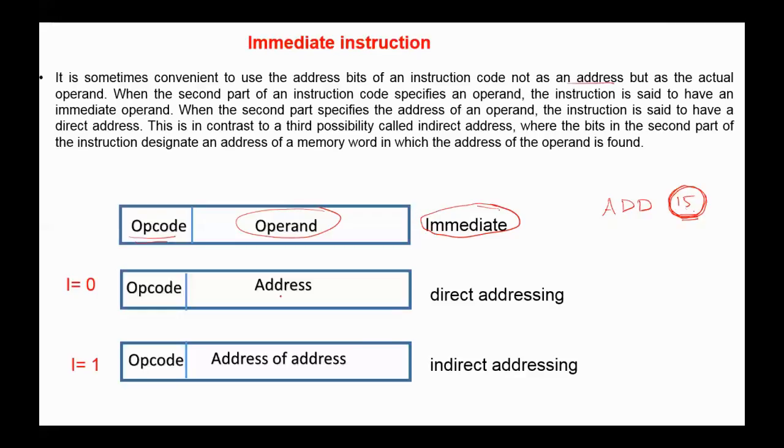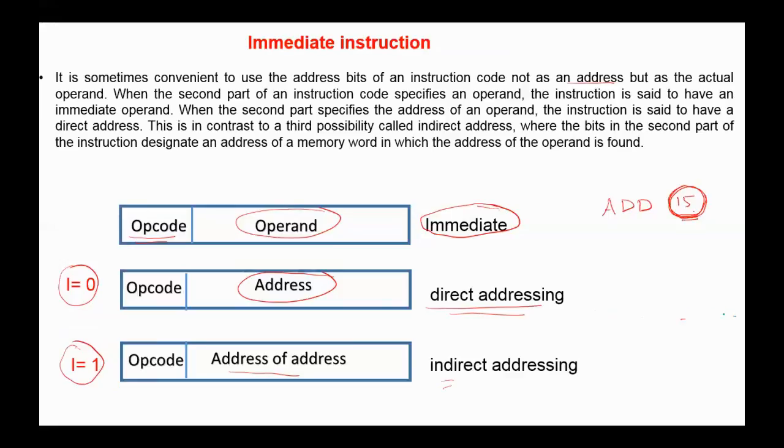If the address field contains the address of the operand in memory, then we have a direct addressing mode. And if it contains the address of the address, then the addressing mode is called indirect addressing mode. Usually one bit in the instruction, called the address mode bit I, is used to distinguish between the direct and indirect addressing modes.